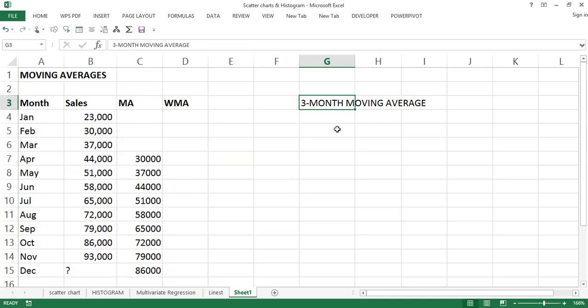Yes, sir. Okay. So if you want to do for January, how do you do that? You can't do for January, except you're talking of January of the next year, because to forecast, you need past data. If there's no past data, you cannot. Forecasting is always based on past data. You understand?